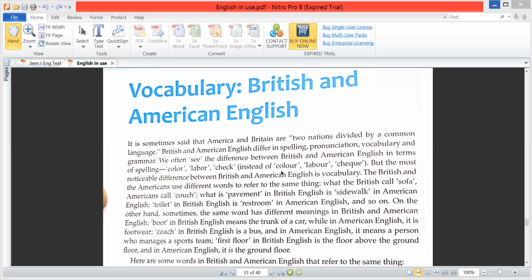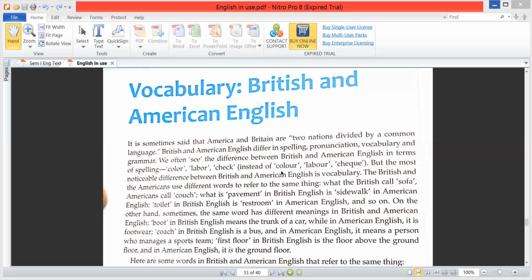And when it comes to the spelling of check, CHECK is American English and CHEQUE is the example for the spelling in British English.